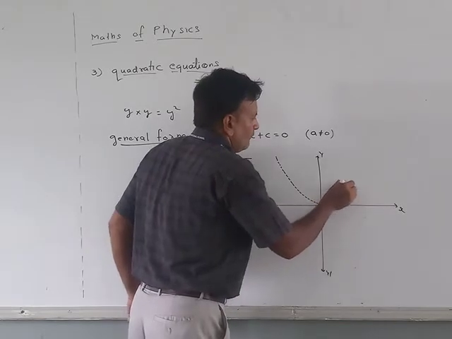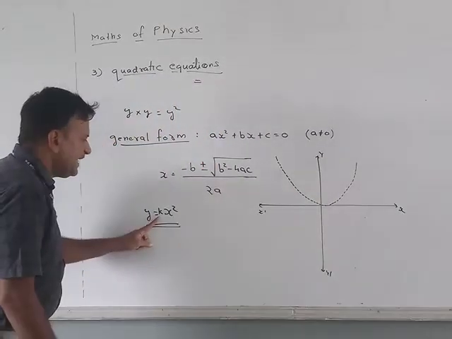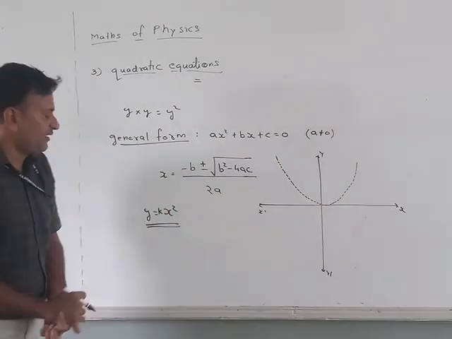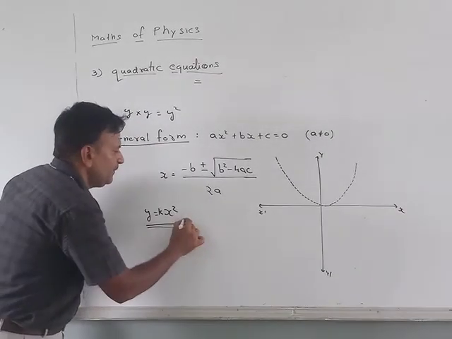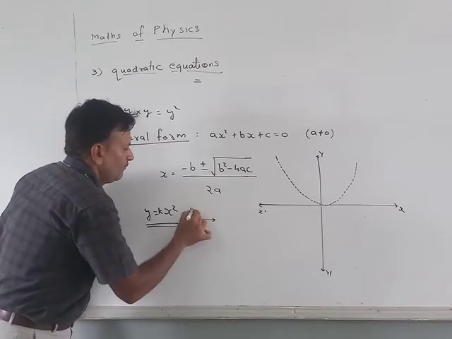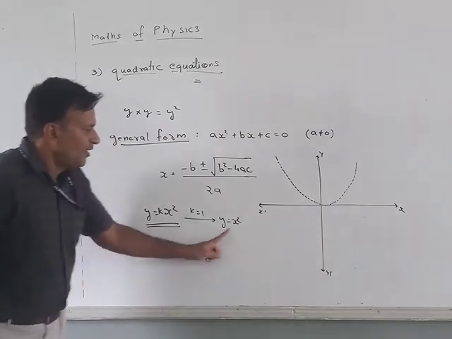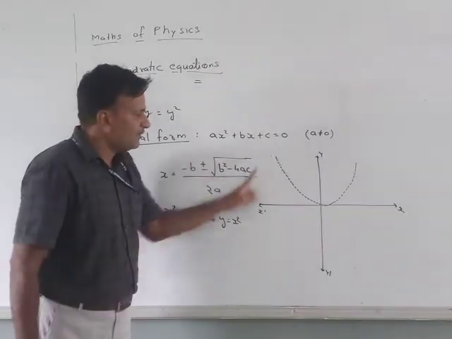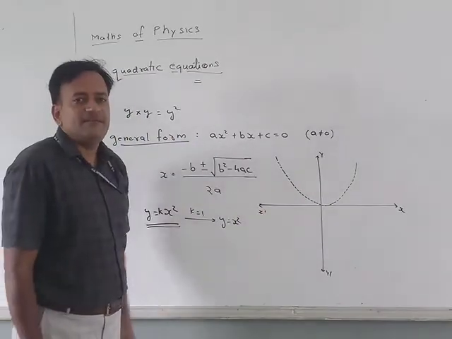If I put k equal to 1, k is a constant, the equation becomes y is equal to x square. And this is how the plot of this equation looks.